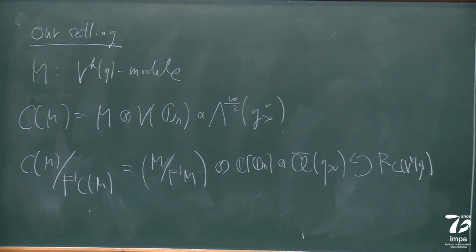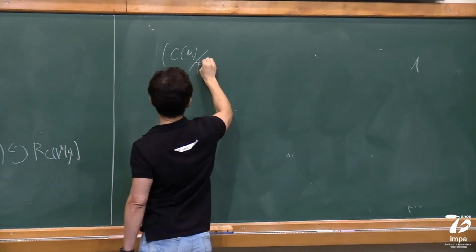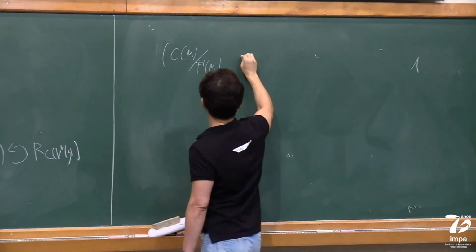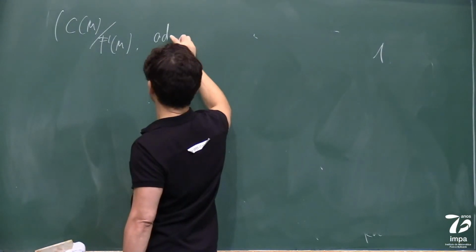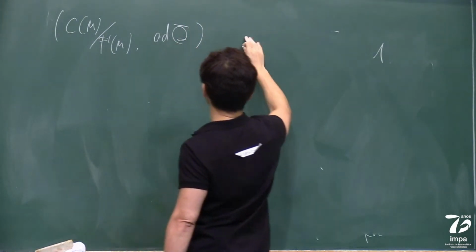So we have a complex, with ad meaning the algebra action of Q1. So this is Poisson.